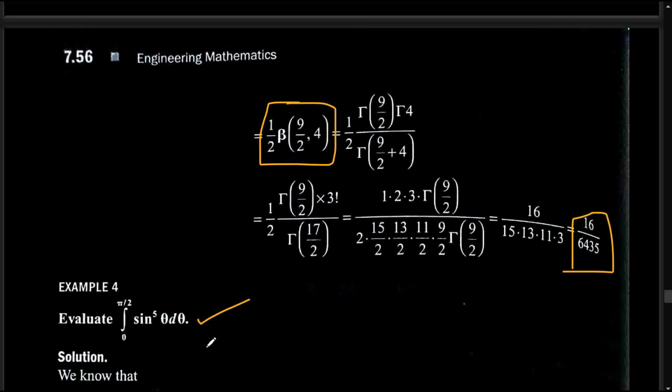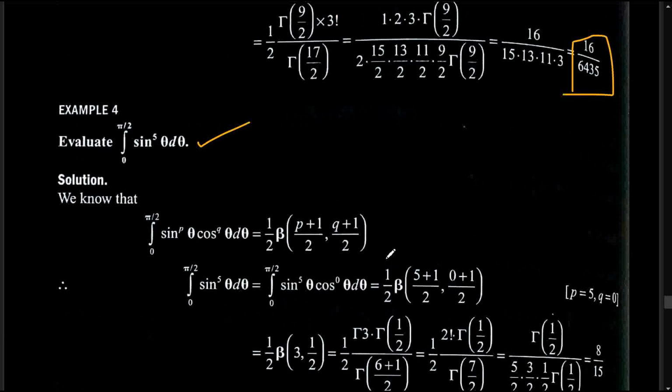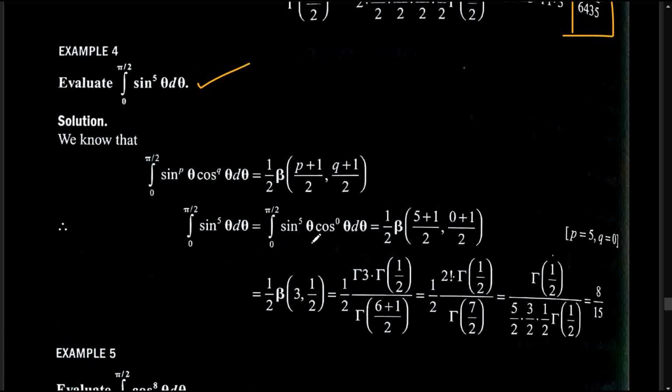Now this is somewhat interesting. You get a sine, but cos is not there. You should not think that this is not a form of the beta function. Cos to the power 0 is there, so we keep cos to the power 0 and apply the formula which we saw before, that is 1 by 2 beta of p plus 1 by 2, q plus 1 by 2.